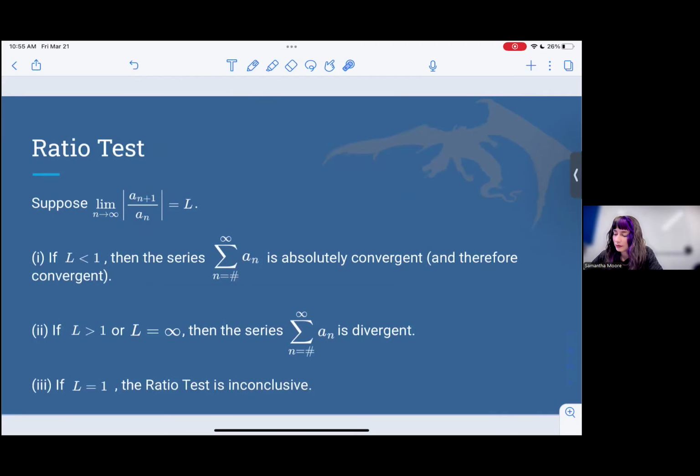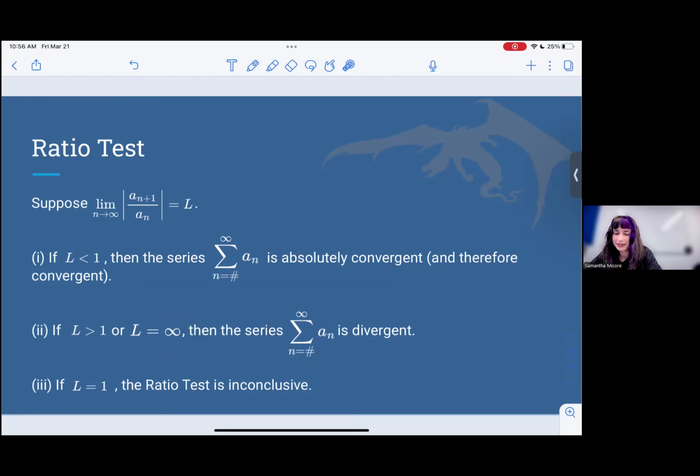So if the limit of the absolute value of the next term divided by the previous term is less than 1, then we actually get to conclude that our series is going to be absolutely convergent, which means it's going to converge, of course. If the limit is greater than 1 or infinite, then we know our original series is going to be divergent.